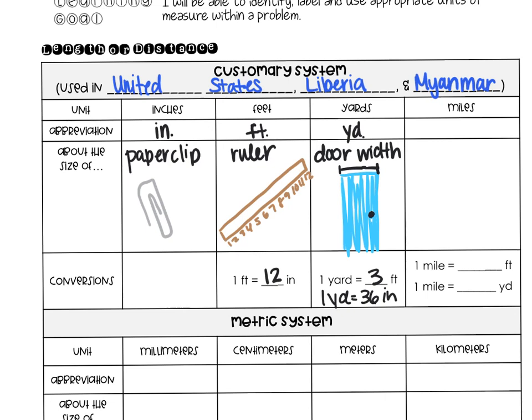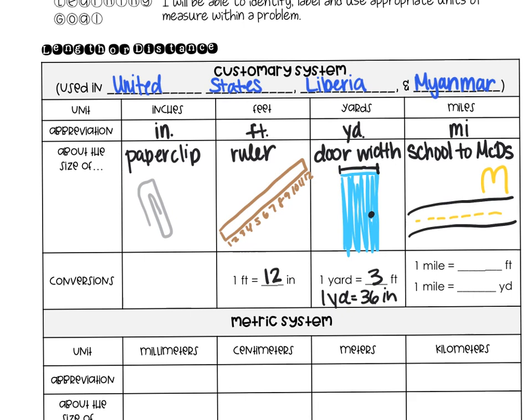All right, miles is abbreviated MI. It's kind of hard to do a relatable description of this, so I just looked it up, and from the school to McDonald's is a mile. So if you're driving on the road and going from there to McDonald's, then you've gone about a mile.